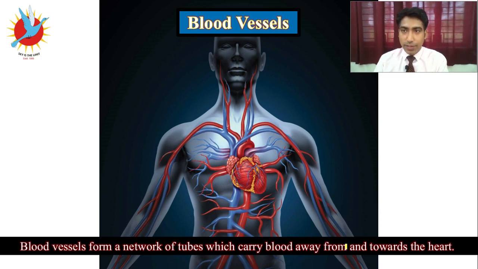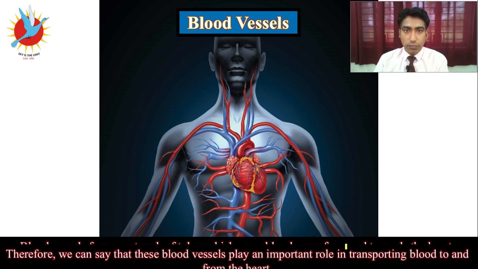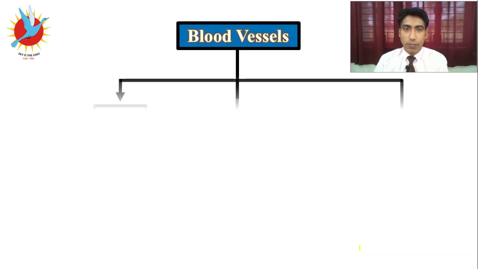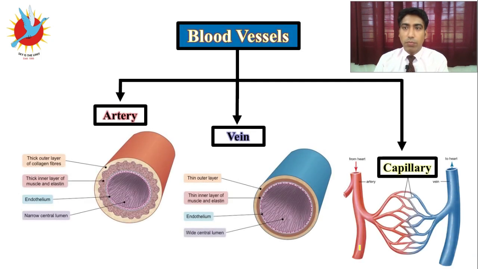It is a network of pipes through which blood flows in all directions in our body. Therefore, we can say that these blood vessels play an important role in transporting blood to and from the heart in all the directions.